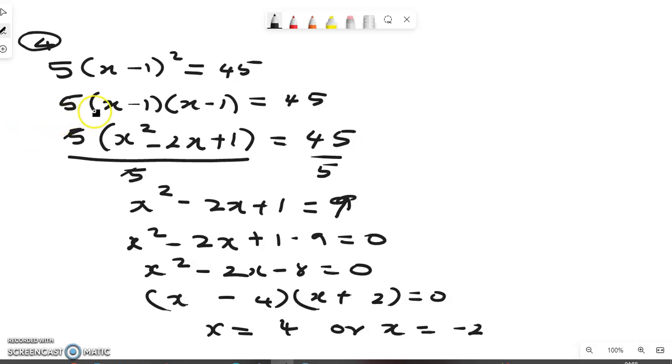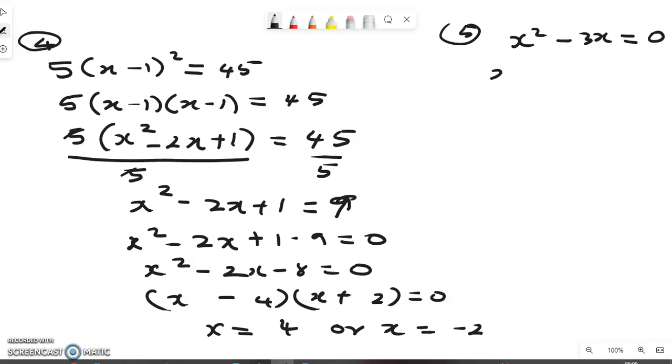Okay, let us take example 5. Let's see how they can give us something like x squared minus 3x is equals to 0. Here let's use our method of factorization.